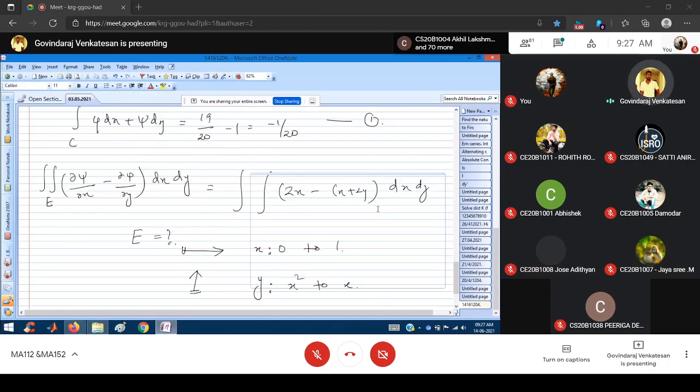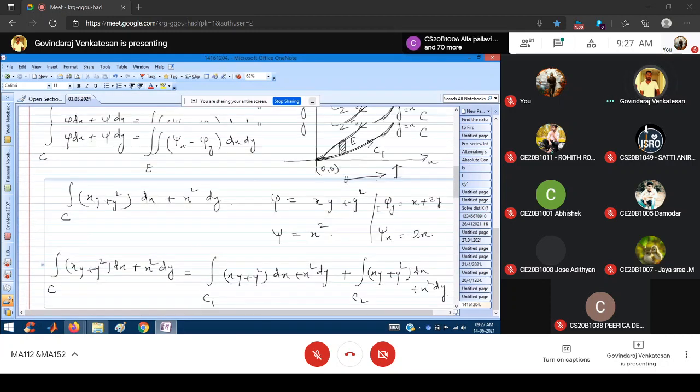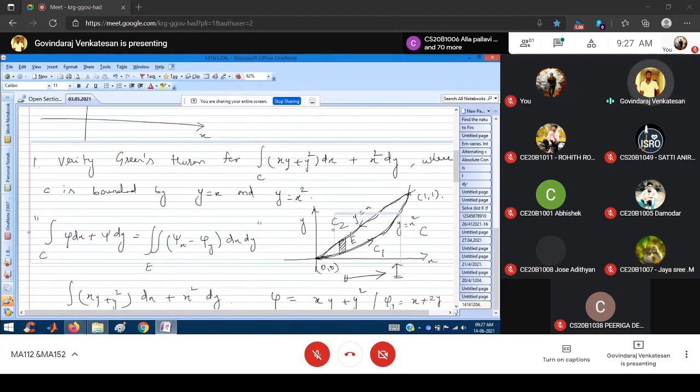Let me make it clear one more time. You have to find the value of the integral within the region E, which is a complete region. The double integral is already formed. So how do we find the upper and lower limits? The strip is moving from left to right, that defines the values of x, and it is moving from bottom to top, that defines the value of y.